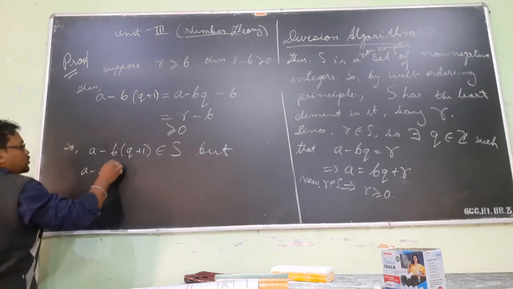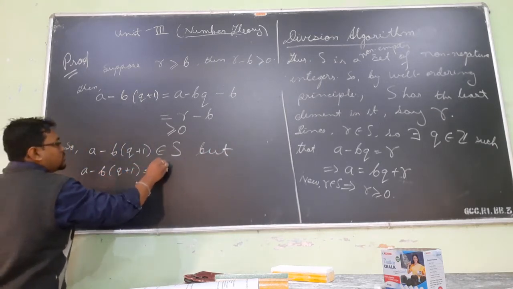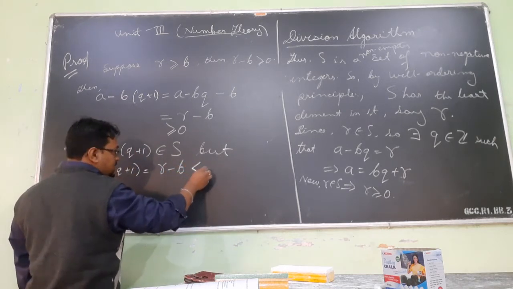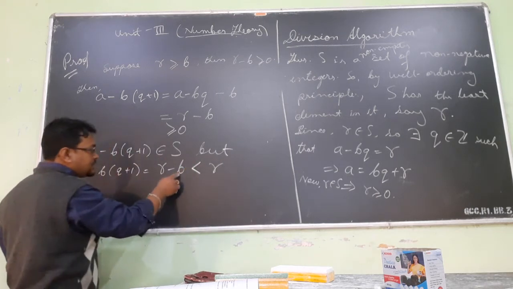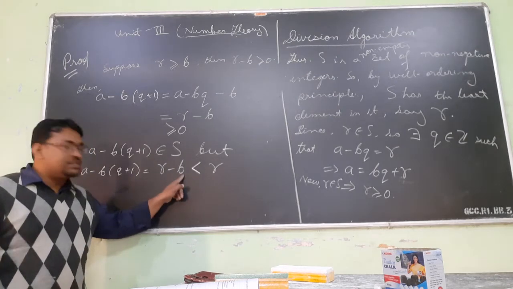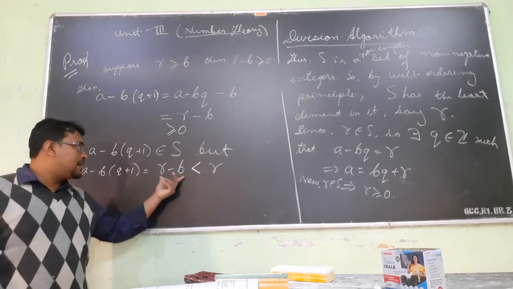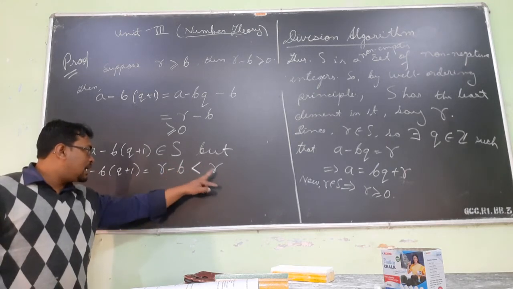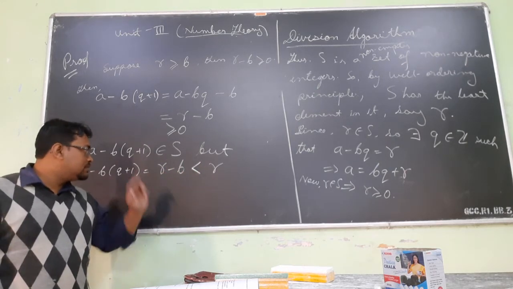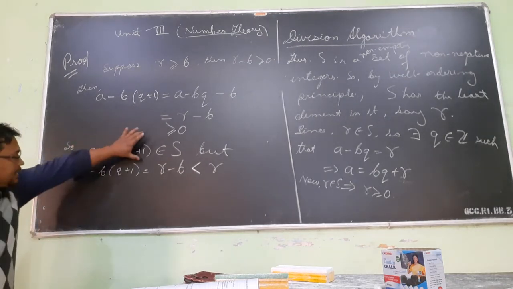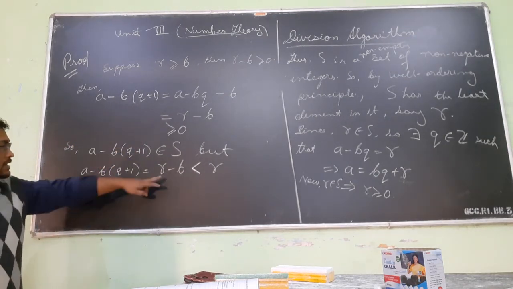From R, if I subtract a positive number, then whatever I get is strictly less than R. So this quantity is strictly less than R, and we have got an element inside S which is smaller than R.